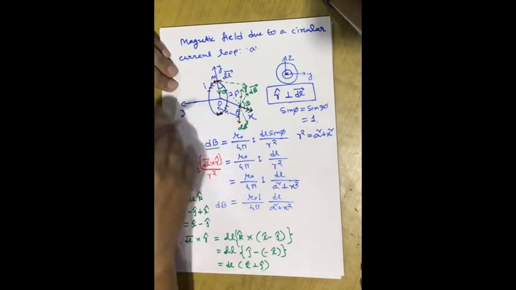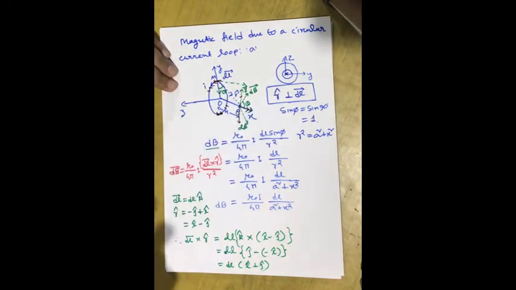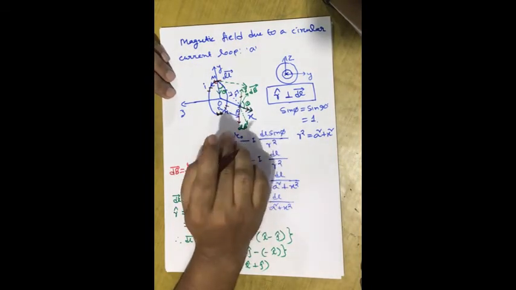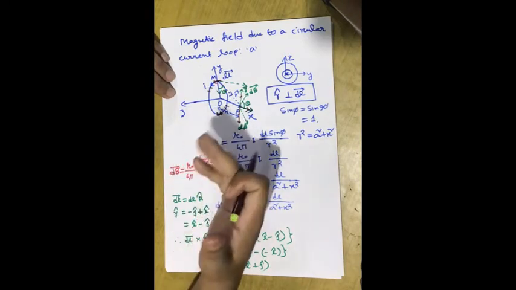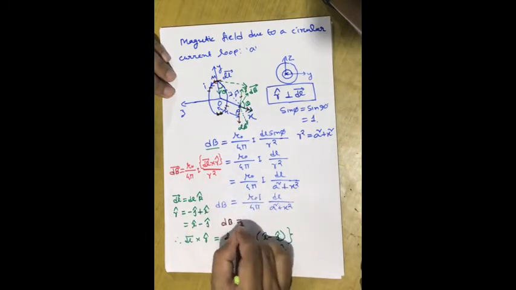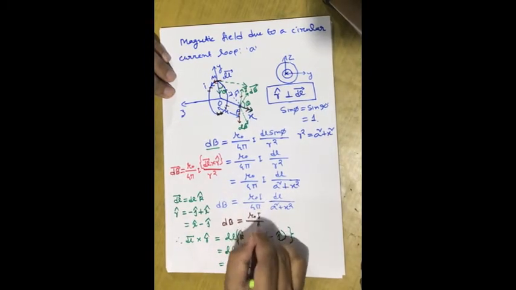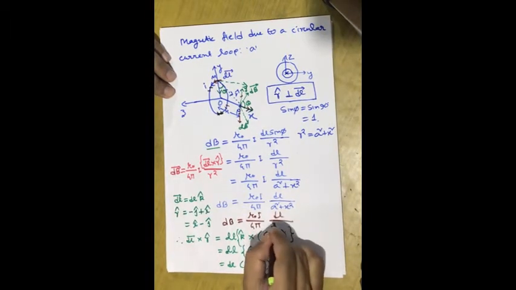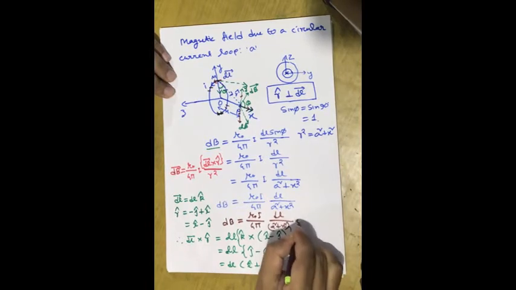That means for a current carrying loop, the magnetic field always lies along the axis of the loop. There cannot be any other magnetic field in any arbitrary direction. If I have to write the magnitude and direction of the net field, the magnitude will be mu naught into I divided by 4 pi, dl divided by a square plus x square, into cos theta.